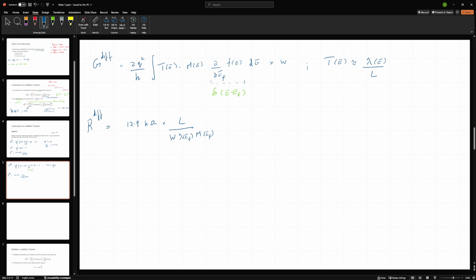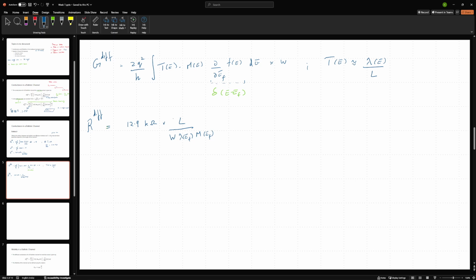Once again, increasing W will indeed reduce the resistance, and the more modes we have at the Fermi level, the lower the resistance is supposed to be. But notice that this is multiplied by lambda at EF. Lambda is the mean free path at the Fermi level, and this length is always smaller than this length. So now there is a length dependence, and I'm dividing a larger length by a very small length. So there is going to be a very large multiplication factor to this.